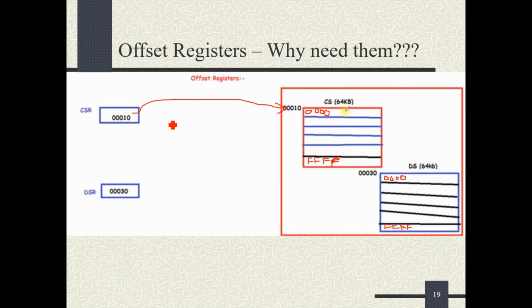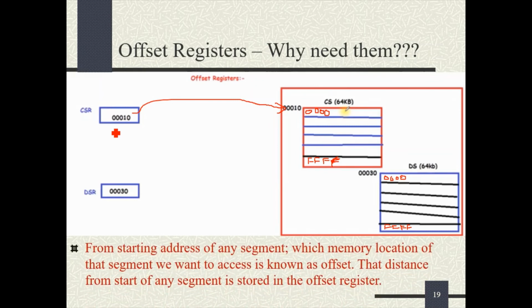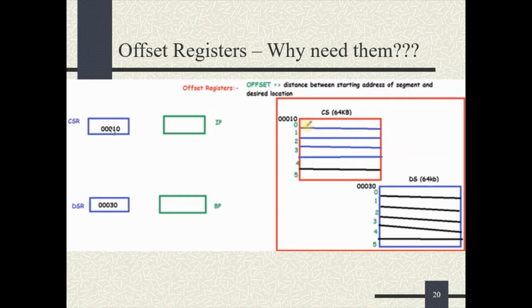But now the question is, how can we access the inner addresses of the segments? We know that we can access the starting location of the segment by utilizing the segment registers. For inner addresses, we need the offset registers.